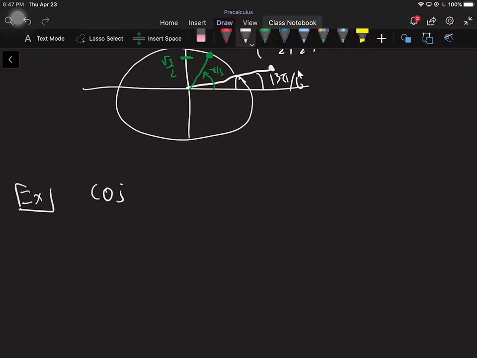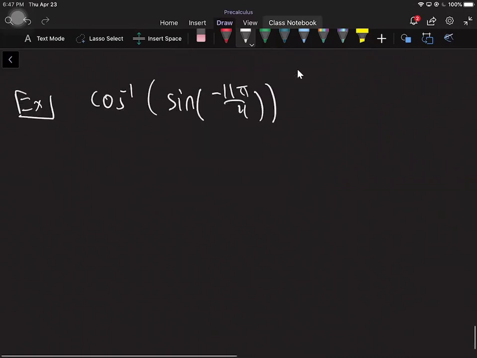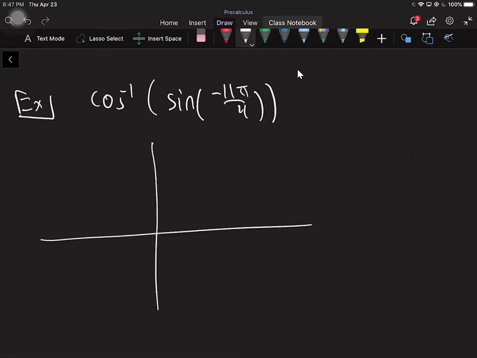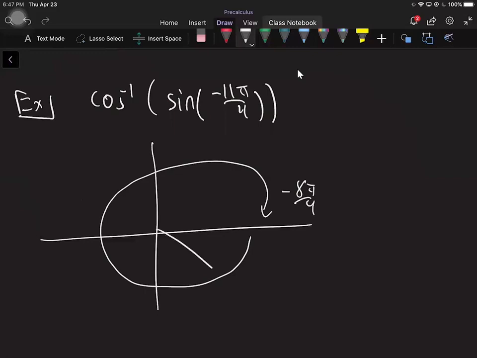So what about cosine inverse of sine of negative 11 pi over 4? Same idea, work on the inside out. So first of all, where the heck is negative 11 pi over 4? Well, if I go around, that gets me to negative 8 pi over 4. So then this would be 9, 10, 11. Right here would be negative 11 pi over 4. So what is the x and y value there?